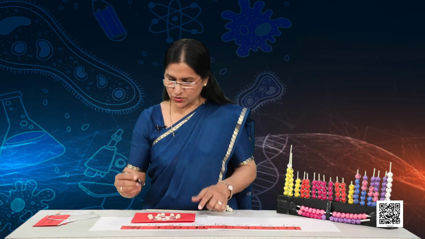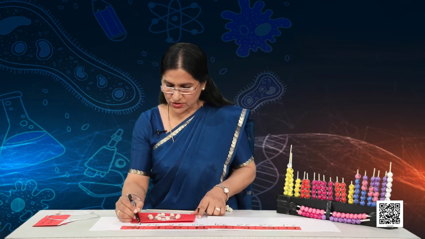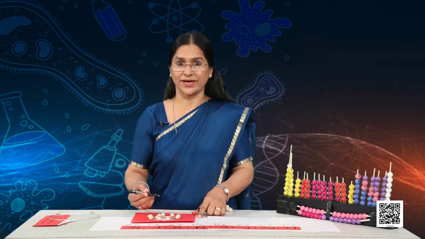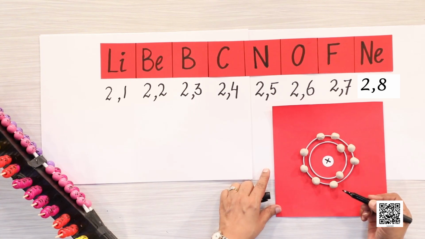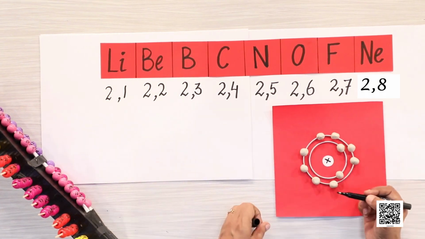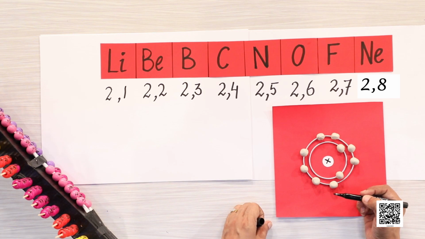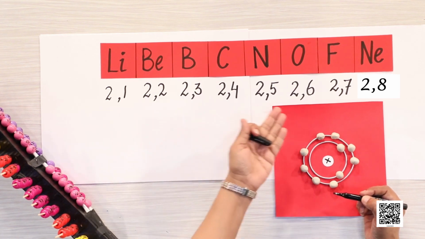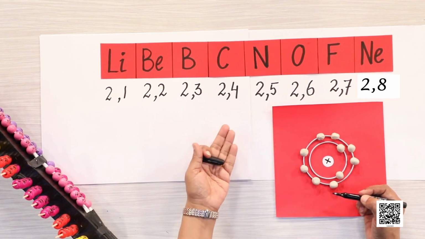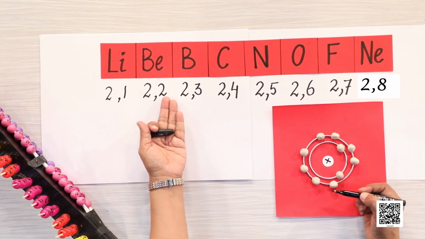Well, children, you can also develop electronic configuration using locally available material. You can use clay, and for rings you can use string. And now, a very interesting pattern you have seen here. You can see that these elements of the second period do not have the same number of valence electrons.